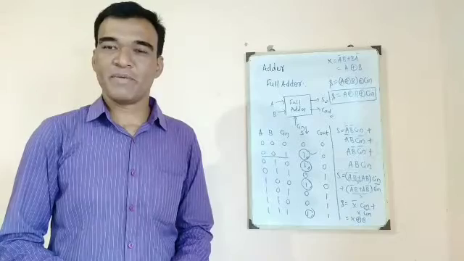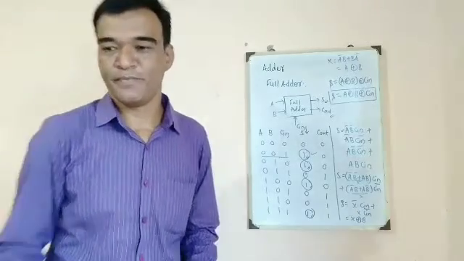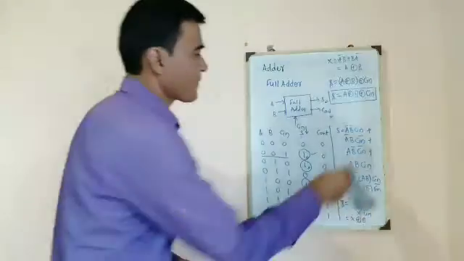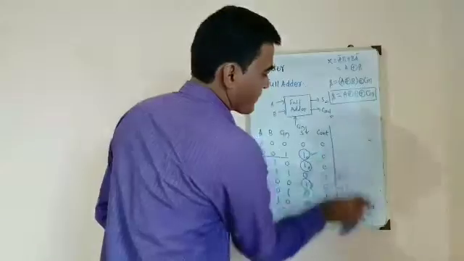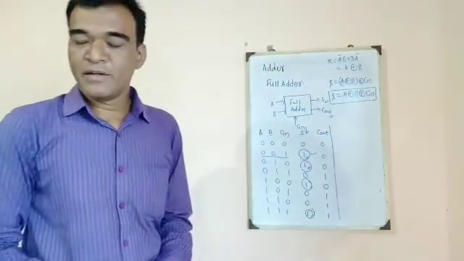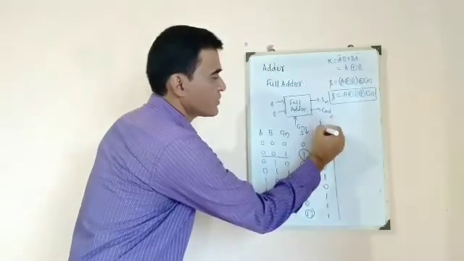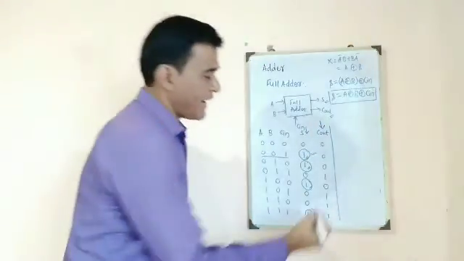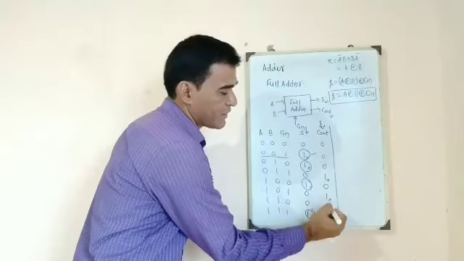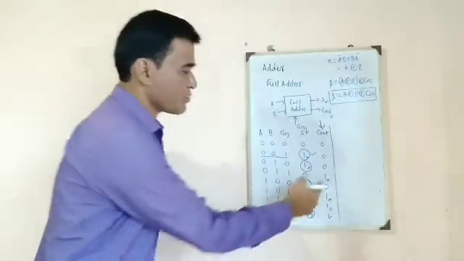Now let us identify the expression for C out. To find the expression for C out, you need to observe this column. Identify the values where these are 1 and the corresponding inputs.